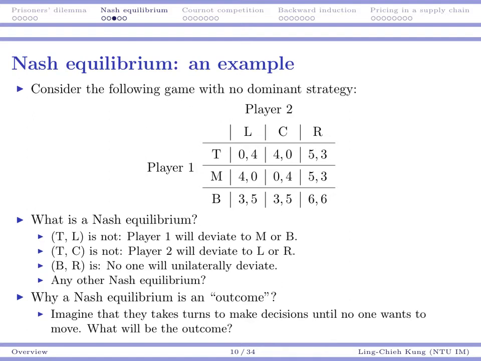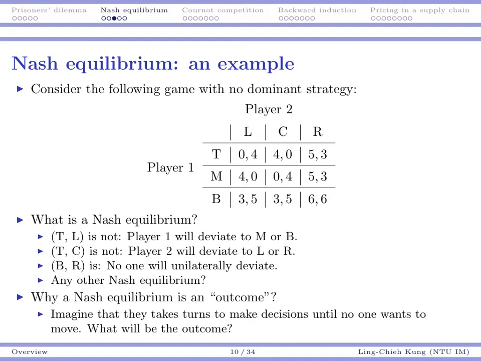So we can show that there's only one Nash equilibrium in this game. Sometimes we say a Nash equilibrium is an outcome of this game. That means we predict this is the decision they are going to make. Of course, that's based on an assumption that they interact for many iterations, or we say they do that in their brain many times, thinking very deeply before they make the final action.